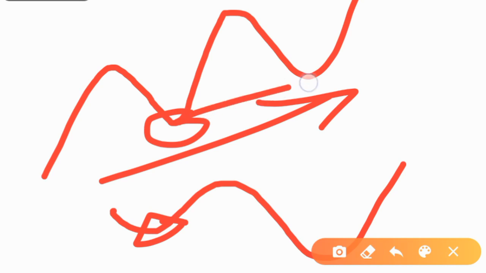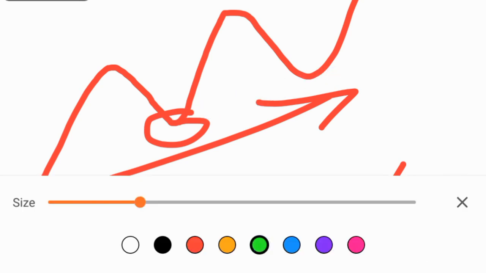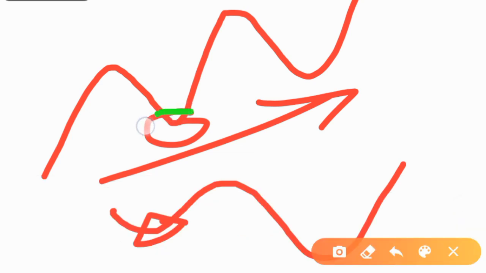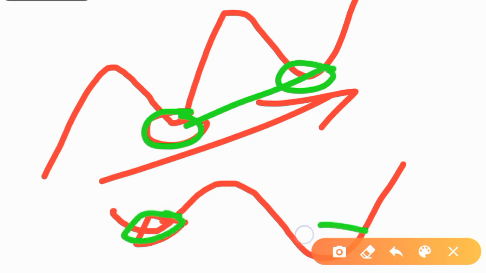I can change color, maybe let's do some green. You find that the low points on the price are going higher, but the low points on the RSI are moving lower. That is a hidden divergence on a bullish trend. Are you together on that?